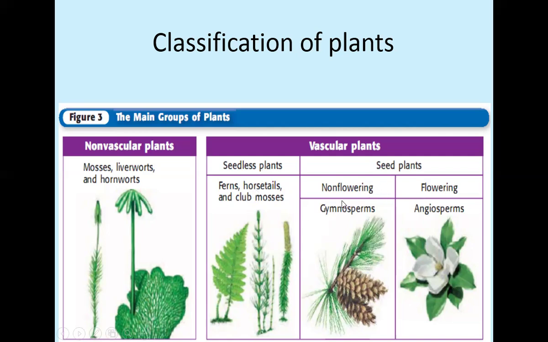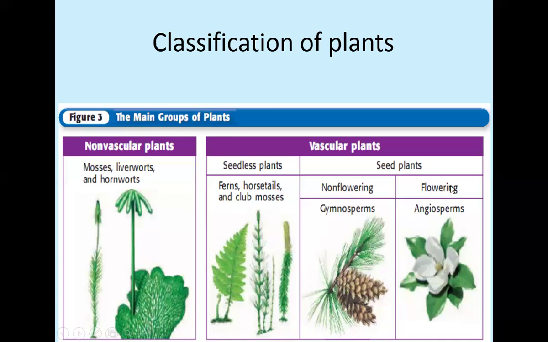Then the third group of plants are called non-flowering plants, also known as gymnosperms. These are the plants which are vascular, they produce seeds, but their seeds are not enclosed in a fruit. They do not produce any flowers. They have structures called cones, and their seeds are produced on these cones. Pine tree is an example of gymnosperm.